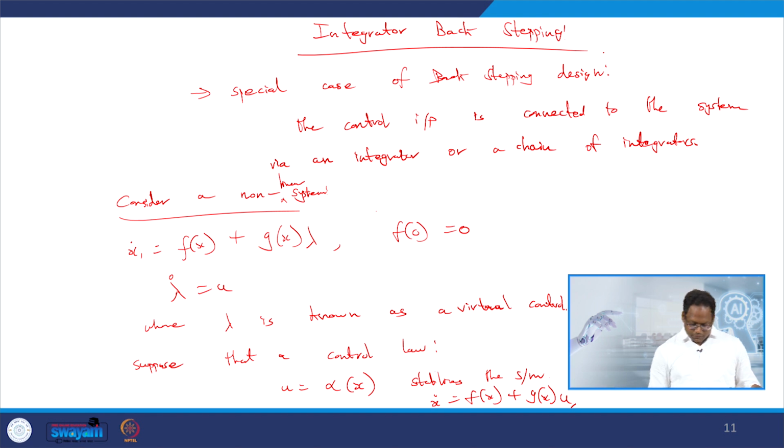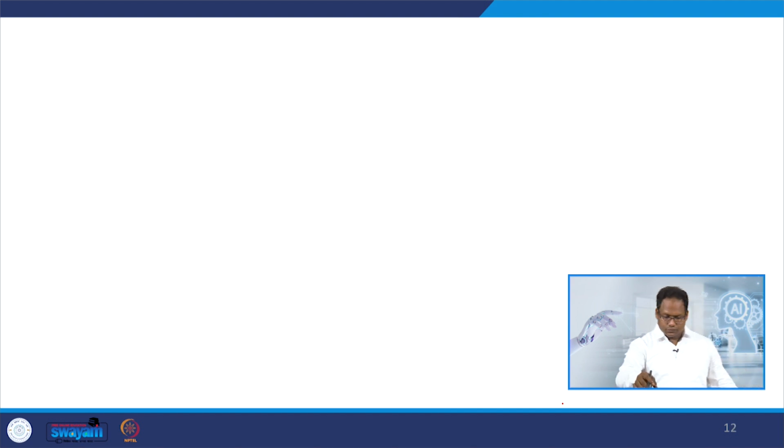In continuation to this statement, suppose a control law given by u equal to alpha of x stabilizes the system x dot equal to f of x plus g of x into u.